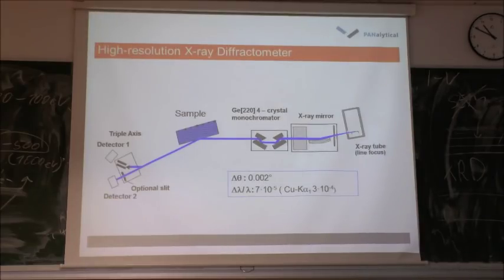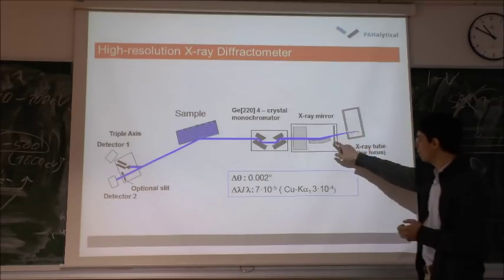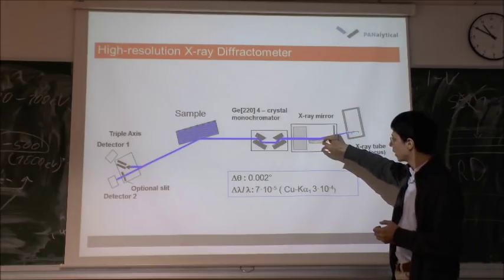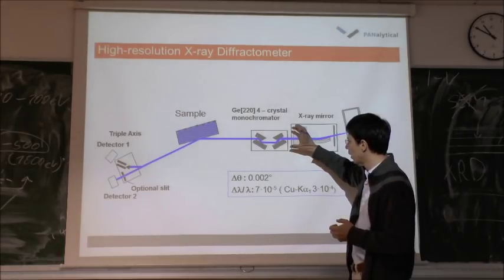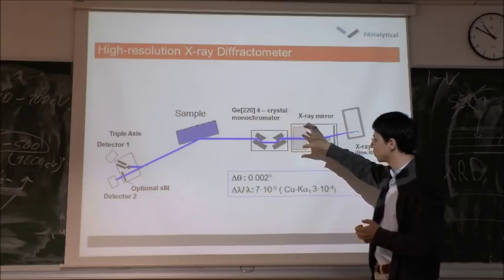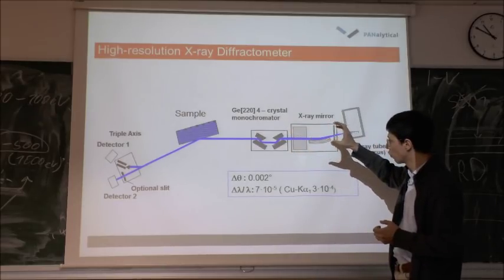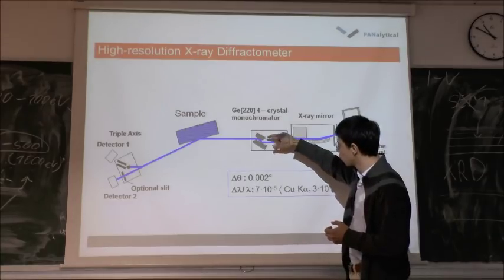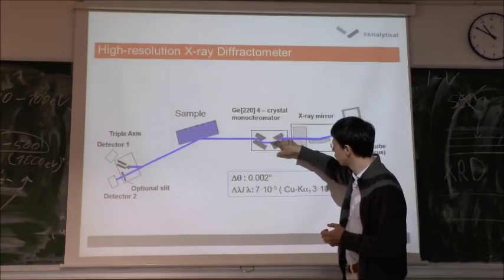Okay, the setup that is required for this kind of measurement. So an X-ray tube, then you have a mirror which is changing the divergent beam into a parallel beam. Then you have germanium crystals. These are 220 germanium crystals. This is a 4-bounce crystal, so actually your beam is bounced 4 times: 1, 2, 3, 4.